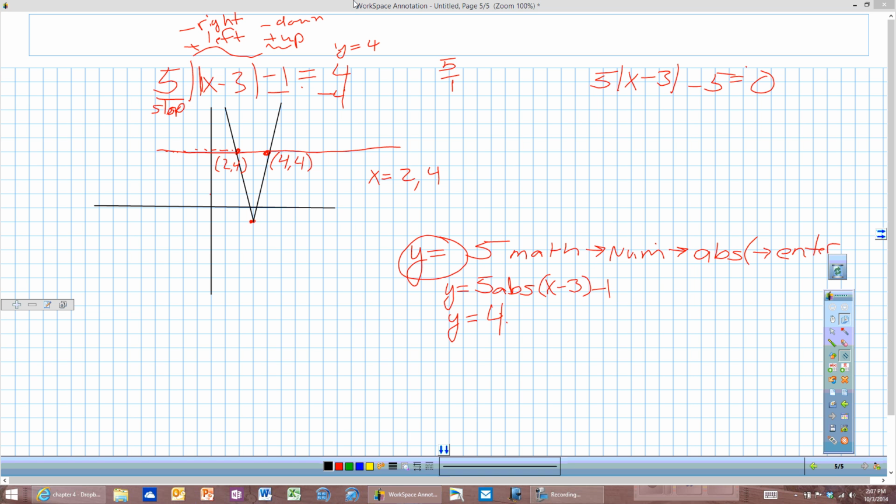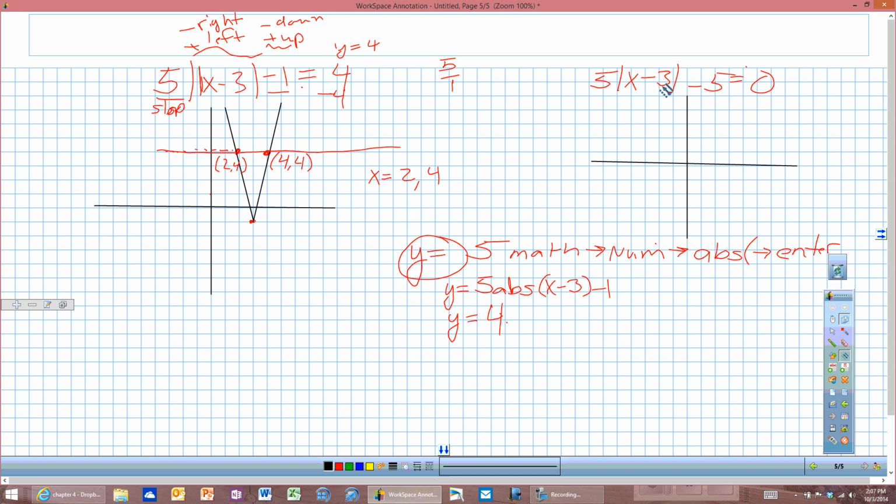So then what this new graph is going to look like: I go right 3, so 1, 2, 3, down 5, 1, 2, 3, 4, 5. Then my slope is 5 again, so we're going to 5, 0.